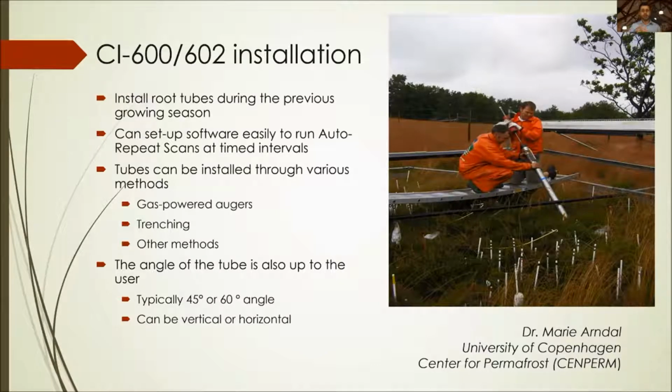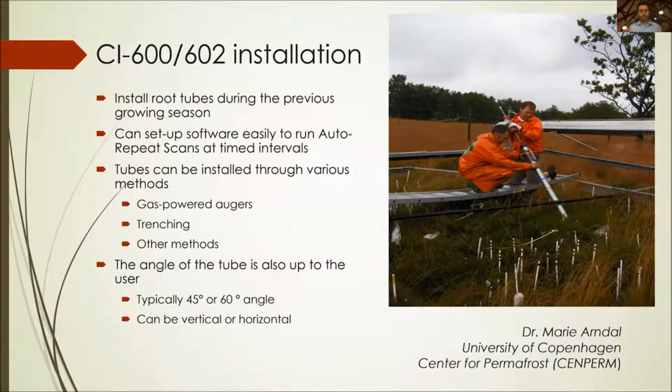In this picture from the University of Copenhagen, you can tell that they're inserting the 600 into a tube that's been covered in what looks like duct tape, just to make sure that UV light does not get in for their study.